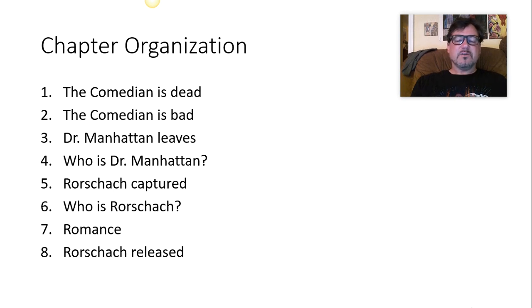And then we get into a flashback that creates pathos for the seemingly impenetrable Rorschach in the Who is Rorschach passage. Then we have the romance that was kind of previewed in chapter 1, and then we have Rorschach's release, and that's only the first 8. But you see how Moore sets up these 8 out of the introductions of the first one. Very brilliant plot designing.